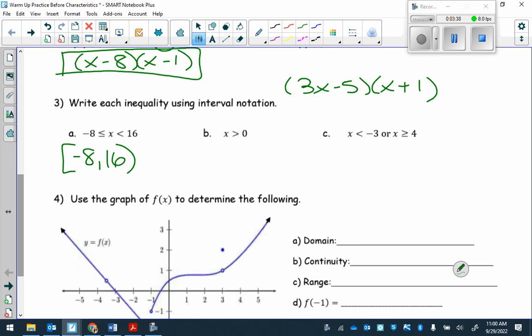How about B? Patty, go ahead. Okay, what's around them? Good. All right. How about C? Luce, go ahead. Excellent.